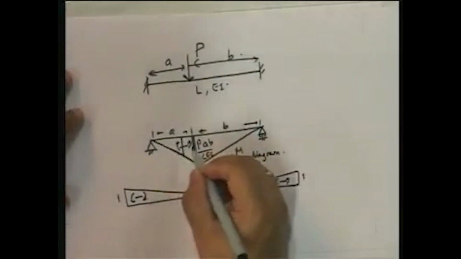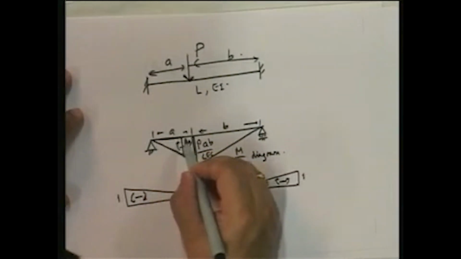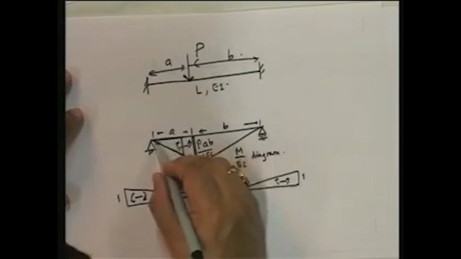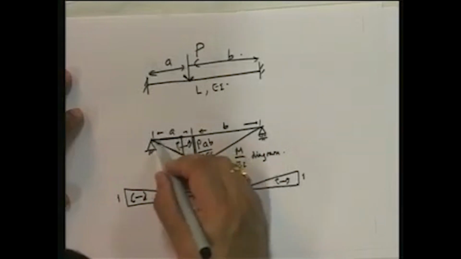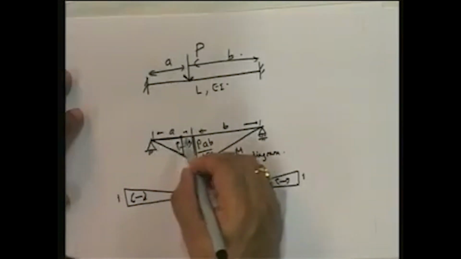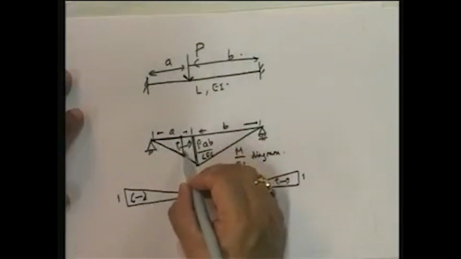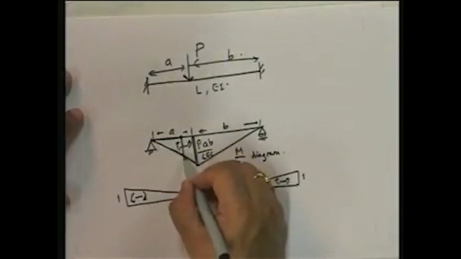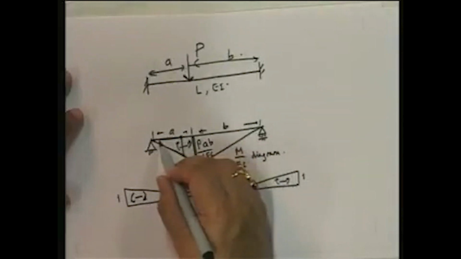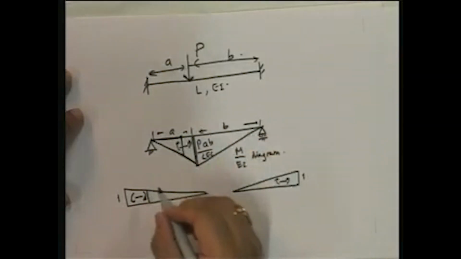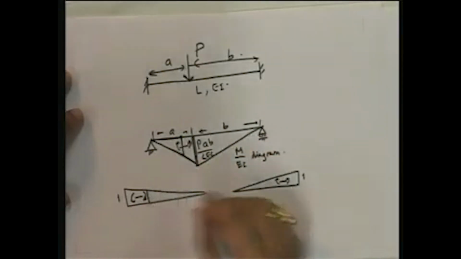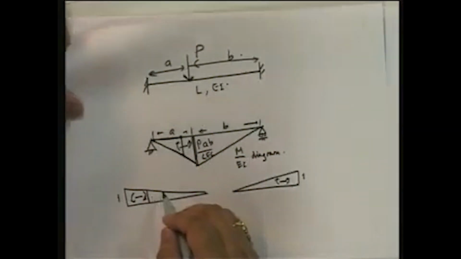What will be the centroid? The centroid, if you look at it, is going to be 2/3 A from this side. Or conversely, I can say that it is L minus 2/3 A from this side. So what will be the value at this point? You will see that this is going to be equal to L minus A by 3.